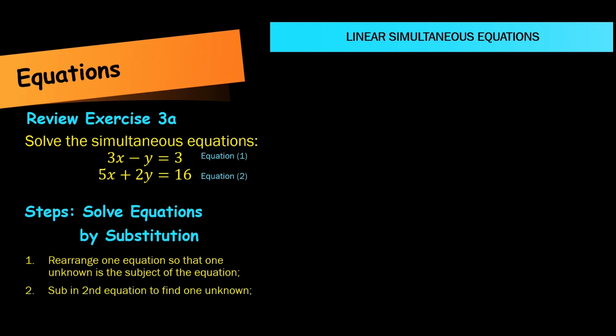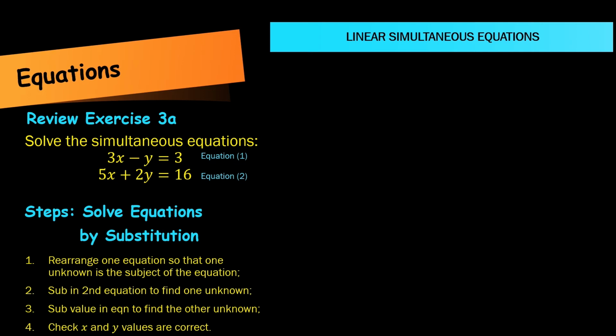Next, substitute this in the second equation to find one unknown. Then, substitute the known value into the equation to find the other unknown. And finally, check that the x and y values are correct.